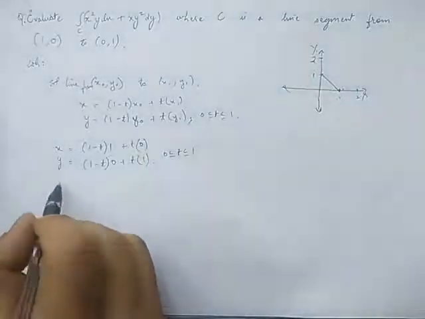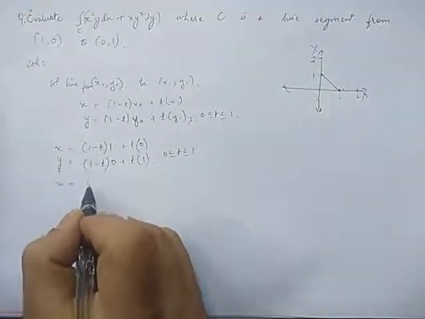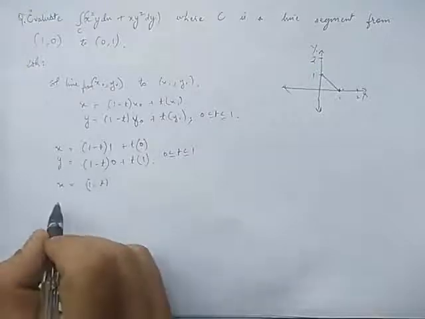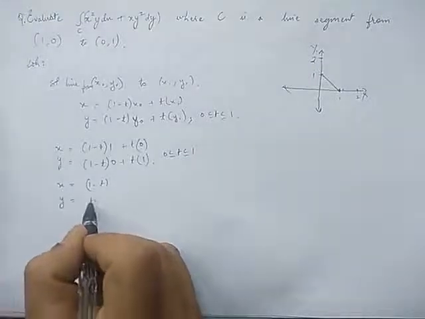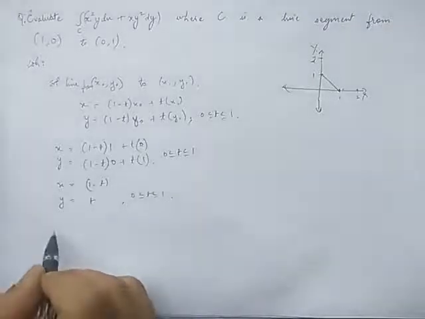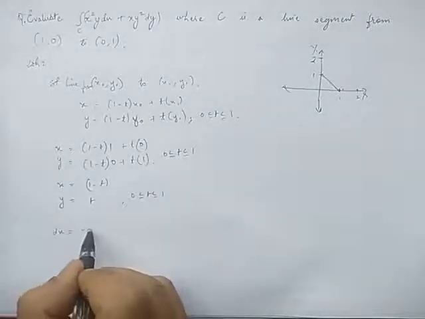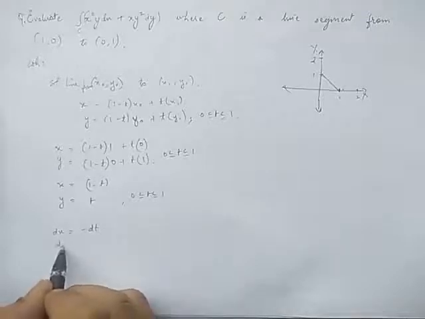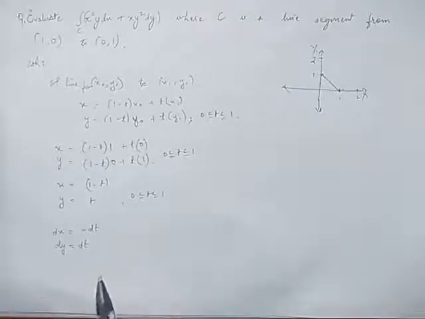Okay, so my x becomes 1 minus t, and my y becomes t. So my dx will be minus dt, and my dy will be dt.